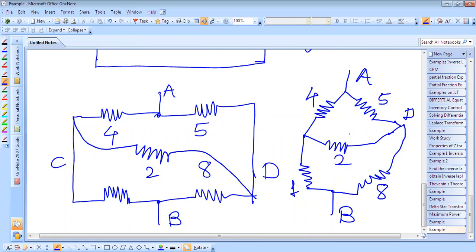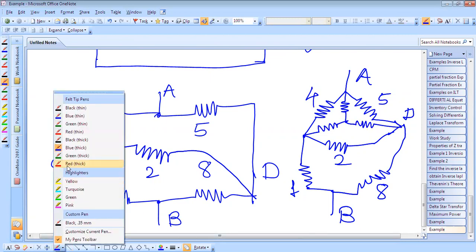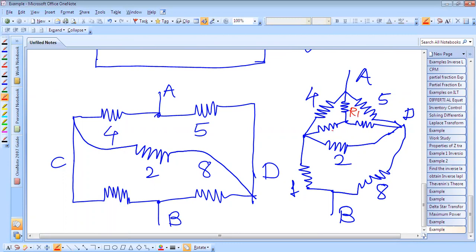Now this is a delta fashion, we can convert this into the star. So this will be R1, this is R2, this is R3.